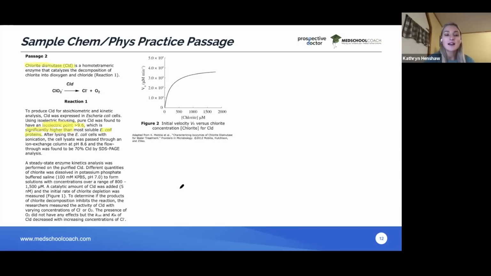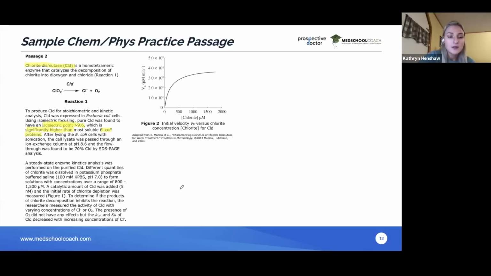And then we can see SDS-PAGE analysis as well. So I would start thinking about how they could use those, and how I could use my content knowledge to answer questions about these. I wouldn't highlight anything here, but I would remember that important information about the experiment is likely found here. Okay, and then I would continue on.